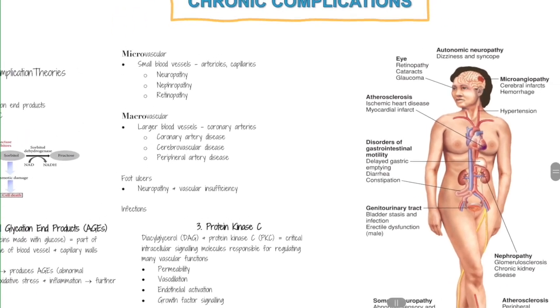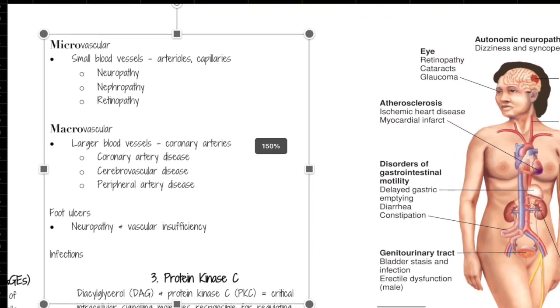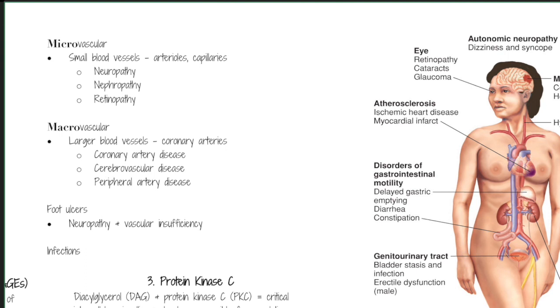Okay, so there are two major sets of chronic complications. You have your microvascular complications and your macrovascular. For exam purposes, you just need to know the difference. With micro, we're talking about the smaller blood vessels, arteries, and capillaries.